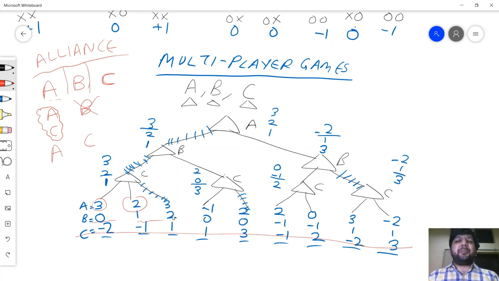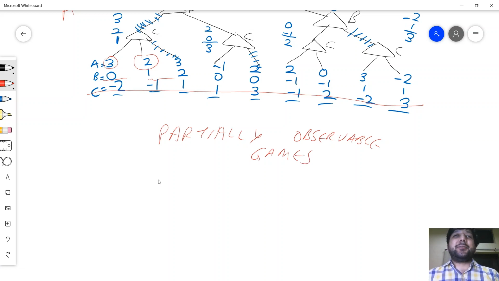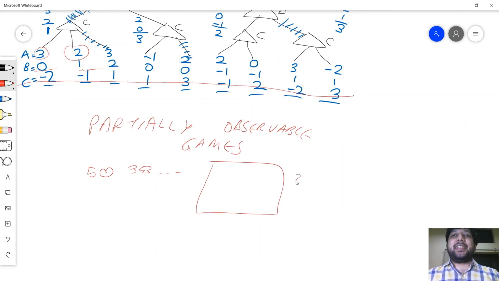So, the last topic of the day that I will touch upon extremely briefly is partially observable games. The typical example is a card game. You know you have a 5 of hearts with you. You know you have a 3 of spades with you, and what else? You are playing at a table against the opponent, and you absolutely do not know their cards.